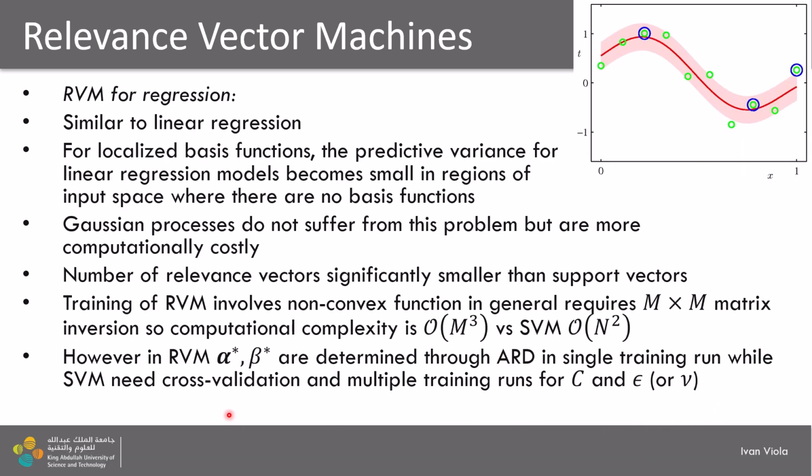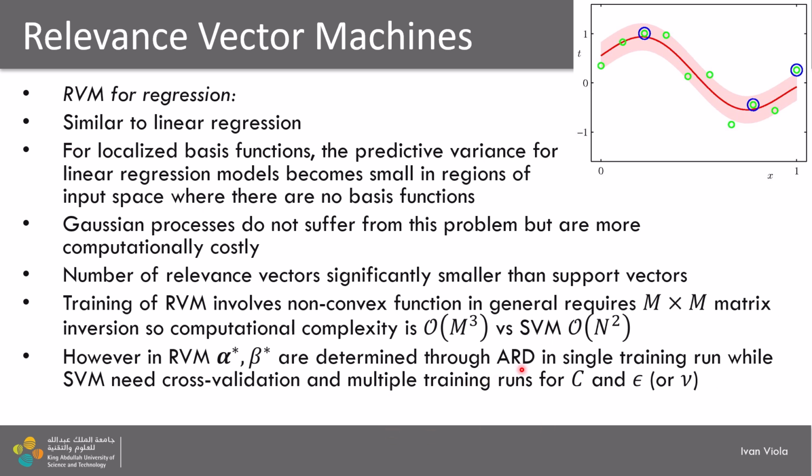Now these relevance vector machines, which on one hand look like a linear regression, but on the other hand, in case we are dealing with, for example, Gaussian kernels, have the structure of support vector machines, can be devised in such a way that we are eliminating by the ARD approach, meaning the automatic relevance determination.